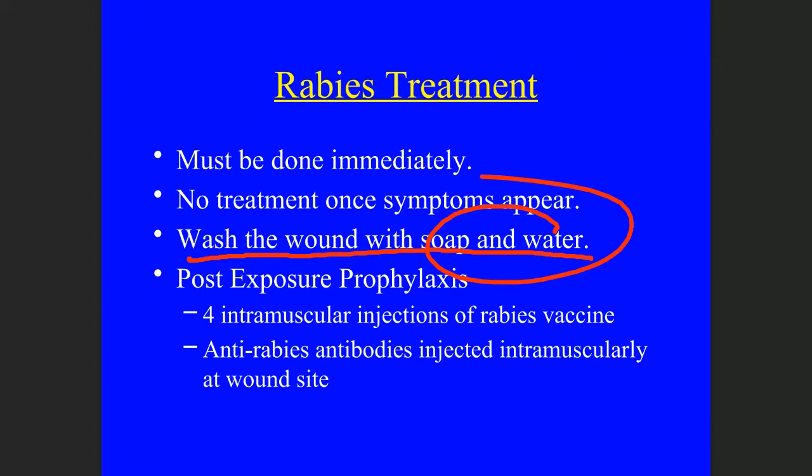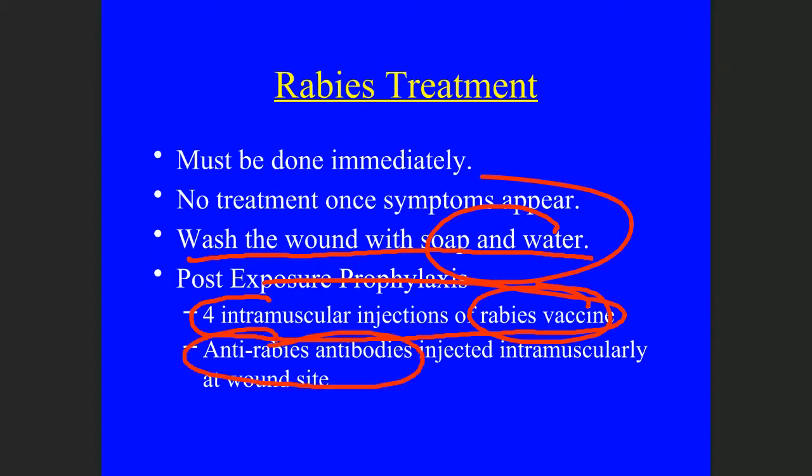Then, at the same time, the person will get 4 injections of the rabies vaccine. Additionally, they will also receive antibodies against the rabies virus. So: washing the wound, rabies vaccine, and antibodies against the virus. That's what needs to be done.